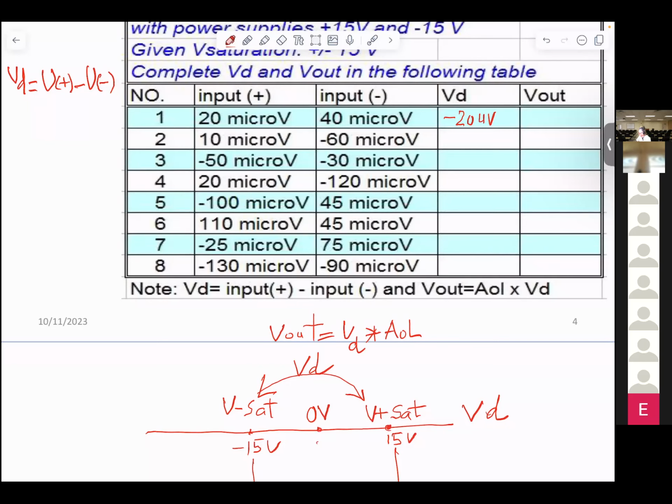Minus 20 times 200,000, so it's negative 4 million. Negative 4 volt. Okay.